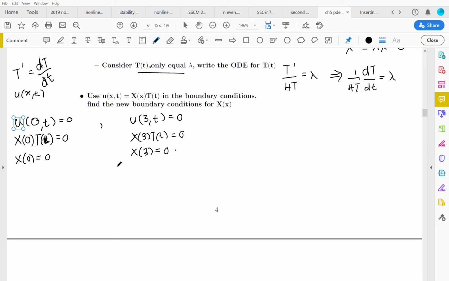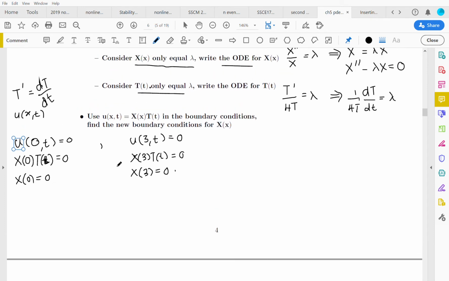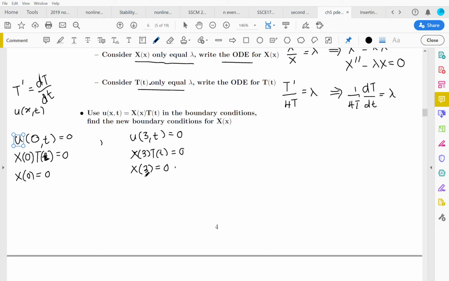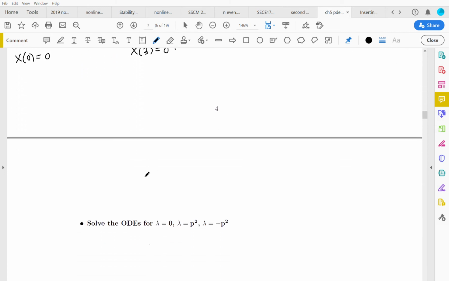From the first step and the second step: in the first step we have the two ODEs, one is the ODE for x, another one is the ODE for t. And from the second step, we have boundary conditions for x only. So we can proceed to the third step, which is solving the ODE.